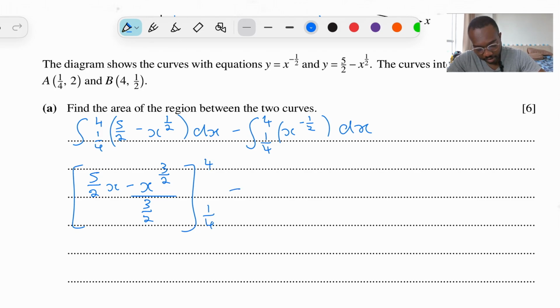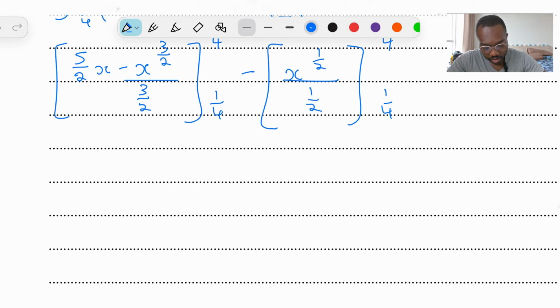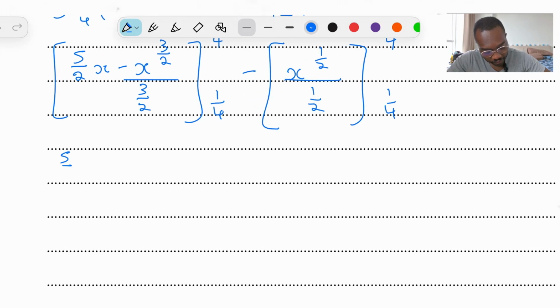And that is minus x to the half, so that's x, and then a half over a half, okay? And that would also be between 4 and 1 over 4. Okay, and if I just rearrange this, we get 5 over 2x minus 2 over 3x to the 3 over 2.